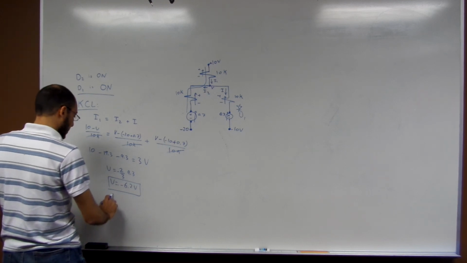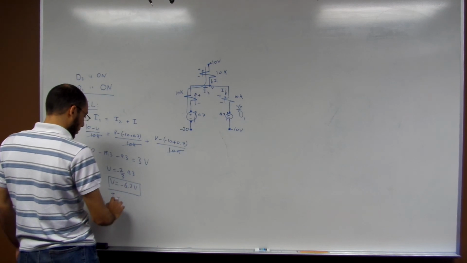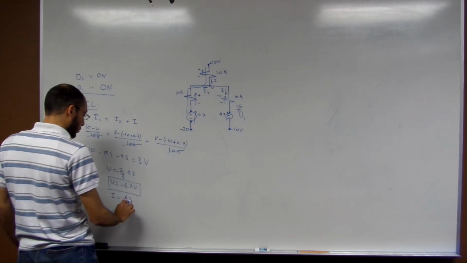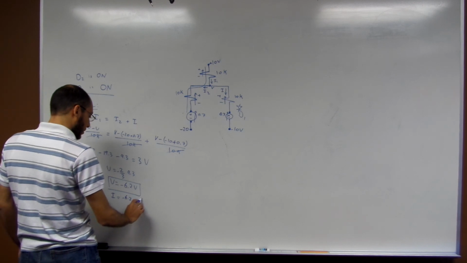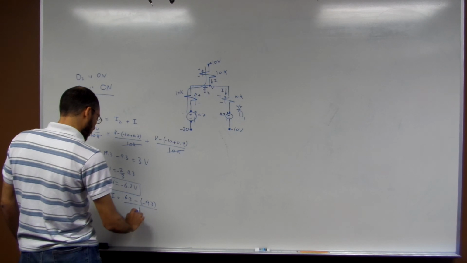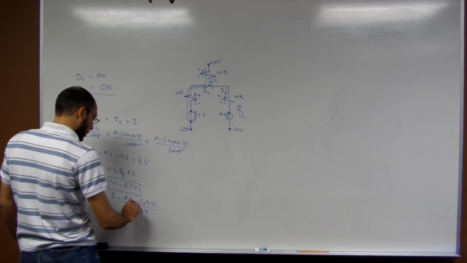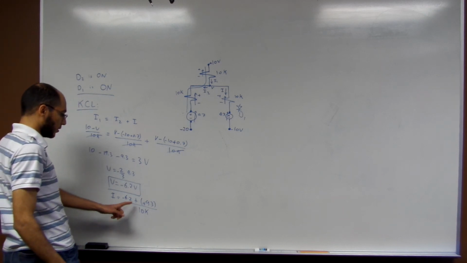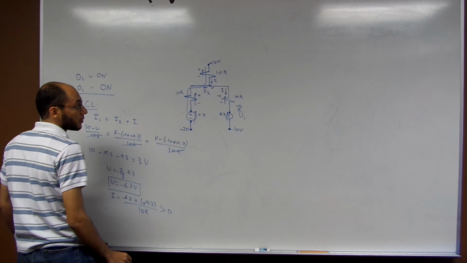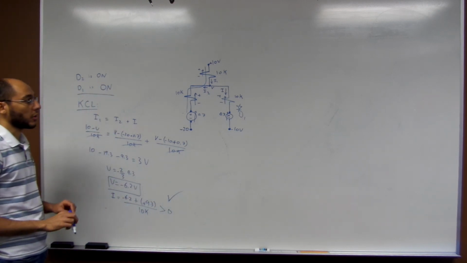And let's calculate the current. That's the current I, which is equal to V negative 6.2 minus negative 9.3 over 10 kilo ohms. That's plus and that's plus. So obviously this is greater than 0, and thus this solution is correct.